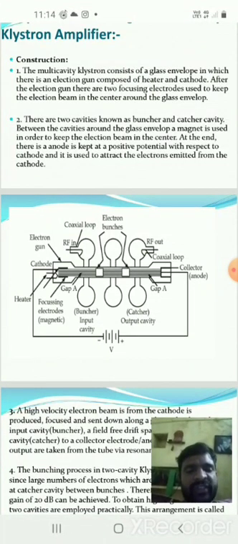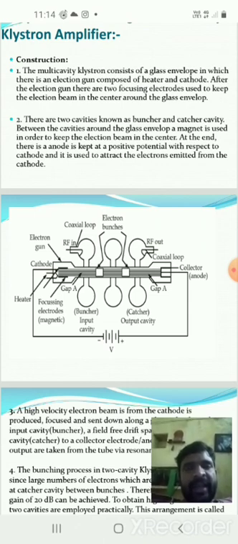When the switch is on, the electron gun generates the electrons. These electrons are transmitted at very high velocity towards the collector or anode, which collects the electrons.